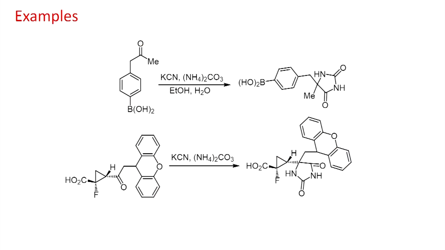Here some examples are shown. If you look at this ketone, it can be readily converted into this derivative. Once you have this one, when you do the hydrolysis, you will be able to form the corresponding amino acid as a product.